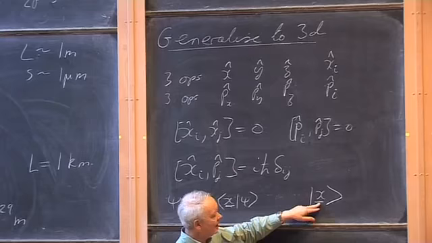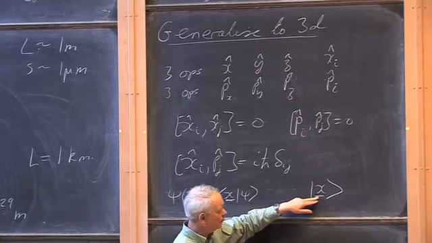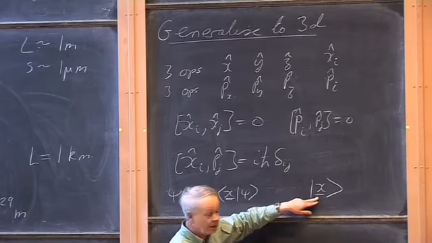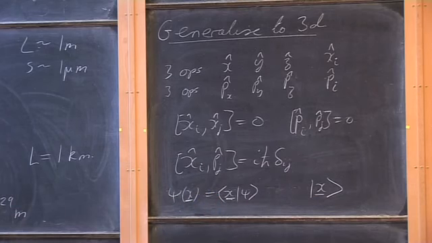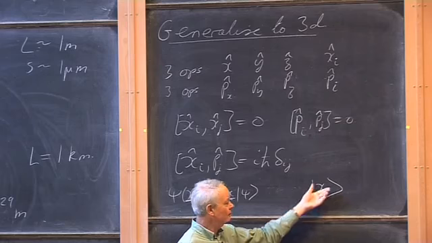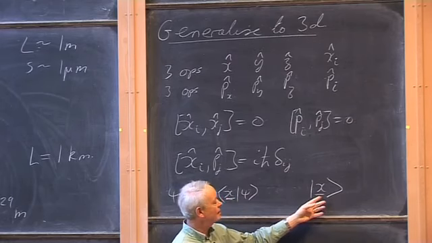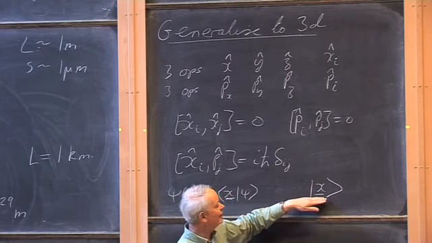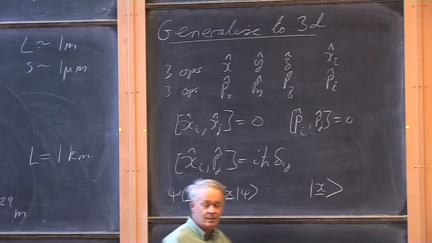This is an eigenstate of the x operator, the y operator, and the z operator. So we need three eigenvalues written inside here to describe what this is. That's at a mathematical level. At a physical level, this is the state of being at the location position vector x.